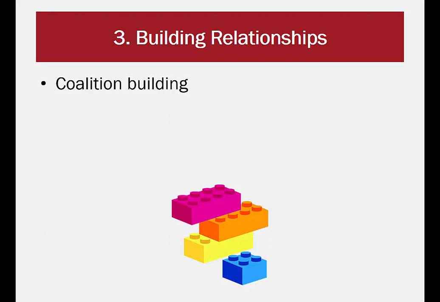It can expand the resources of a given movement and also increase the likelihood of success by ensuring a broad base of support. A broad and diverse coalition of support further demonstrates the relevance of an issue and the impact that policy action will have on multiple sectors and interests. For the most part, coalitions are external to government.